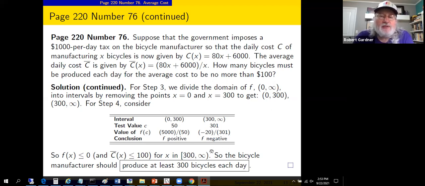Well, the average cost, it turns out, will equal $100 when we have 300 bicycles. We had manipulated things so that we could apply our technique. That's where the 300 came from. But in terms of average cost, it corresponds to that average cost of $100 per bicycle. And anything greater than that will produce a lesser average cost. So if you want average cost to be less than $100 a bicycle, you need to produce at least 300 bicycles per day, was the units.